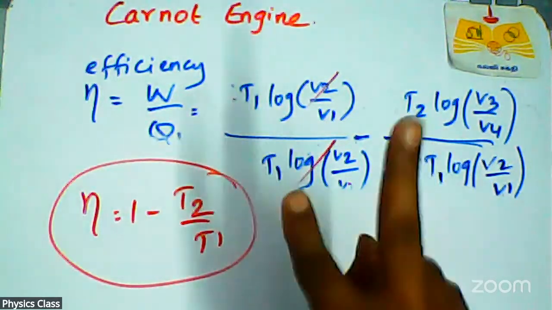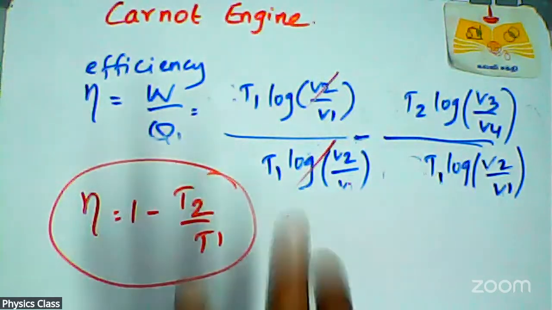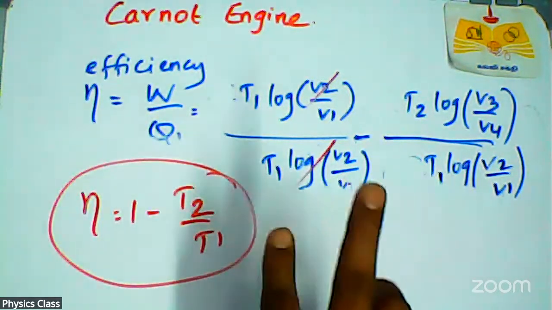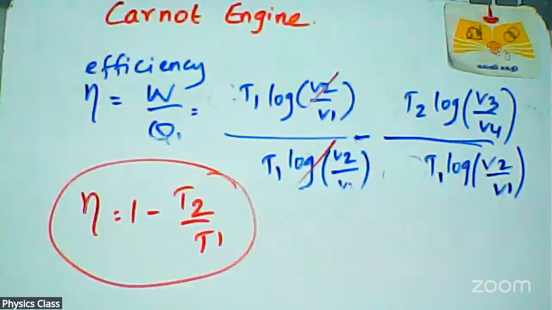Forward direction, reverse direction: compression and expansion, because compression is opposite to expansion. So isothermal expansion, adiabatic expansion, isothermal compression, adiabatic compression. In all the stages we know the work done, W1, W2, W3, W4, and finally we calculate the net work done.